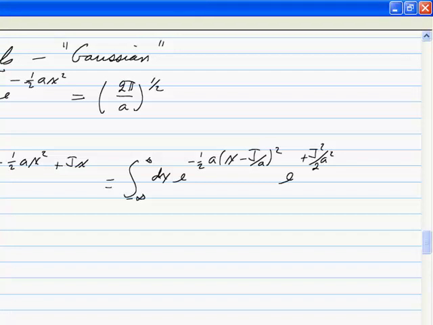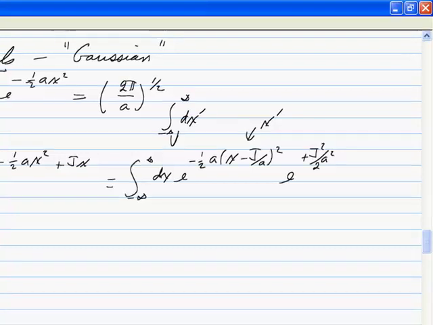Okay, so if I expand this out, the cross term here gives me the jx piece. Then there's the square of this, which cancels that, and I've got my same old integral. But since I'm integrating from minus infinity to infinity, if I shift it by j, I get the same answer out. So this is some x prime, and this is dx prime from minus infinity to infinity. And so I get the same old integral back again.